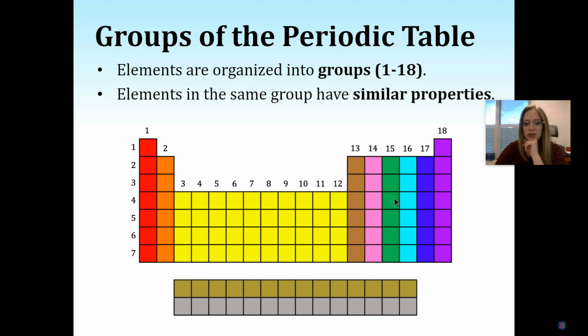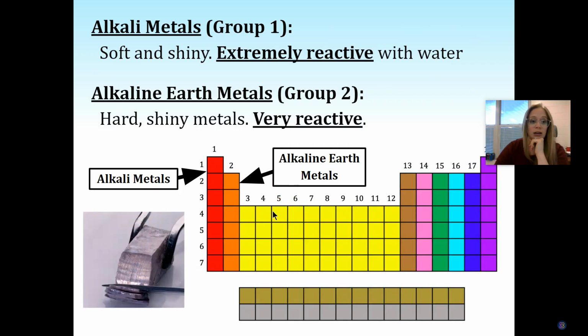But when you get over to here, where you have a lot of metals, nonmetals, and metalloids all together, we will separate them differently. We will look at this at a later date where it actually makes sense. So you'll follow my rules. You won't follow this when we actually get to coloring our periodic table. Okay, alkali metals, extremely reactive with water, extremely reactive with just about anything.